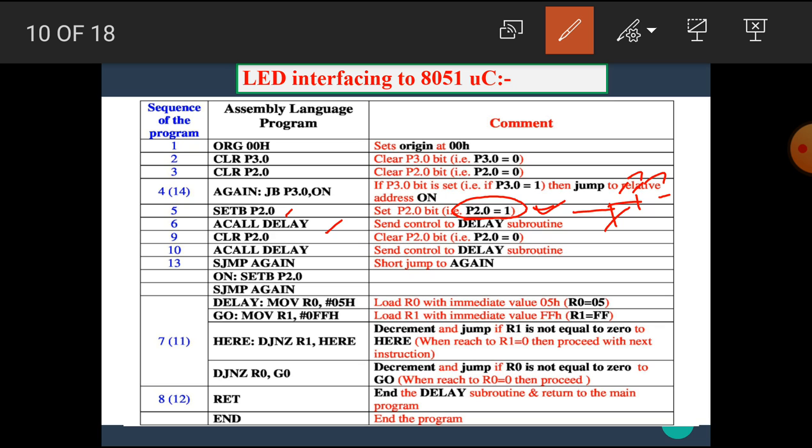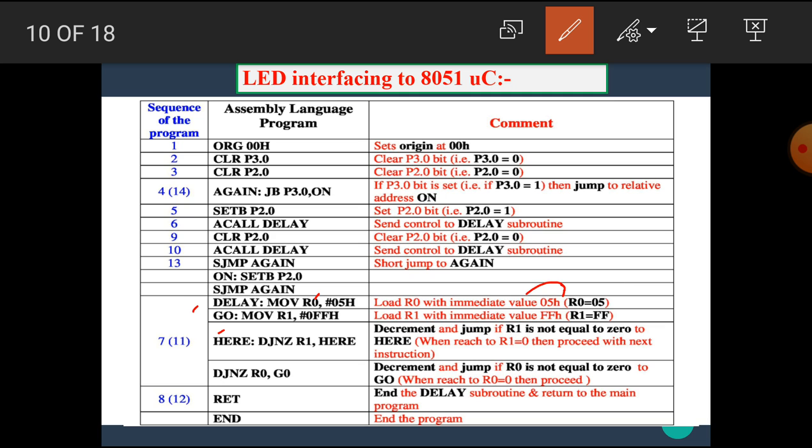The next instruction is ACALL delay. That means absolute call to the delay subroutine. After the execution of this instruction, the main program jumps to the delay subroutine, and this subroutine is executed first. The delay subroutine has MOV R0, #05H. That means the 05H hexadecimal value is loaded into the R0 register.